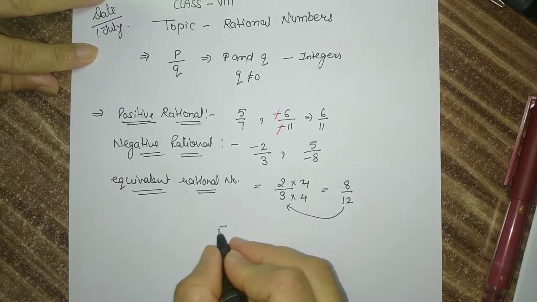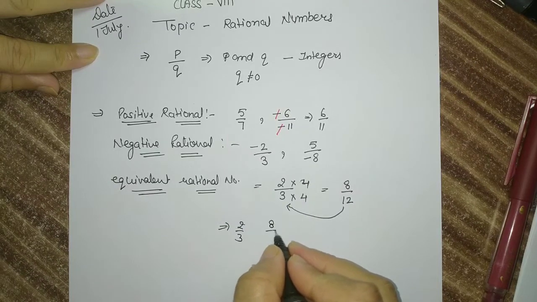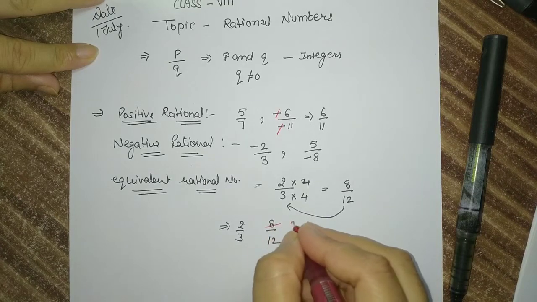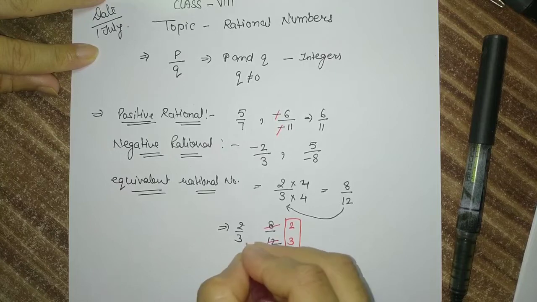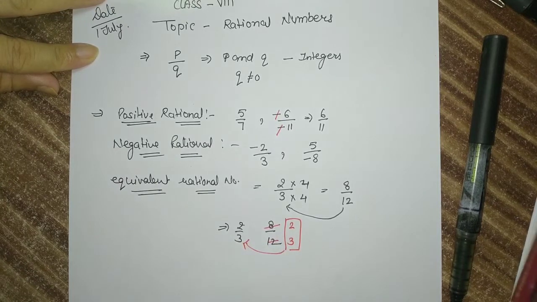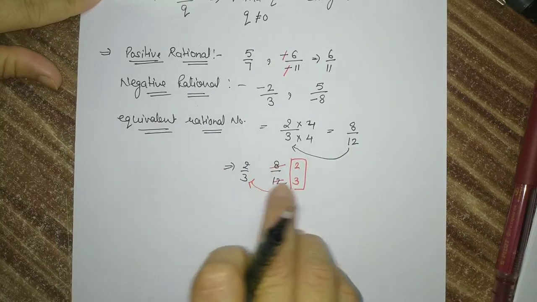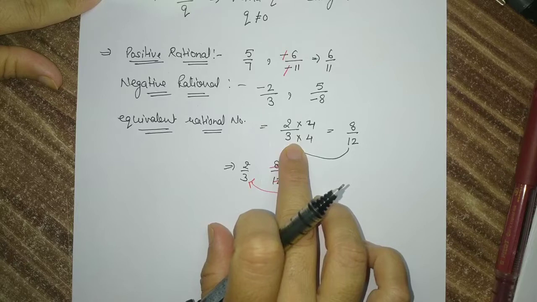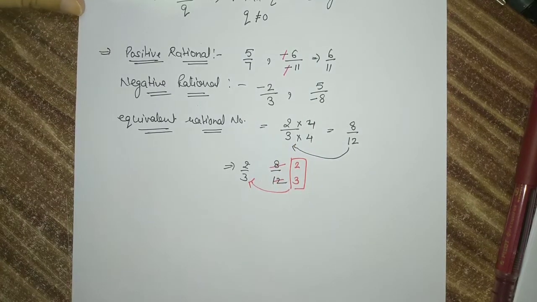So here we can say 2 by 3 is equivalent to 8 by 12. How? If we reduce 8 by 12, 4 times 2 is 8, 4 times 3 is 12. Their standard form is equal to the given one. So this situation is said to be equivalent. So we can say when a rational number is multiplied with a non-zero number, we get its equivalent rational number.